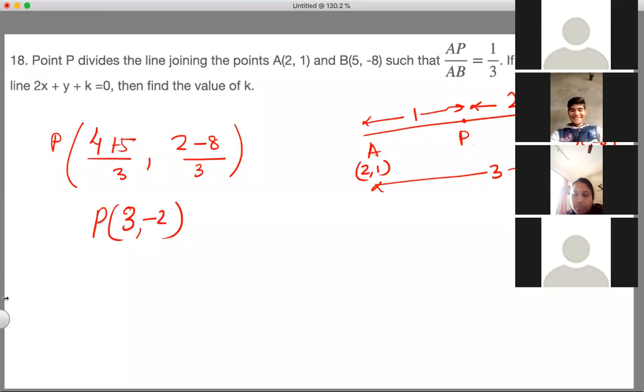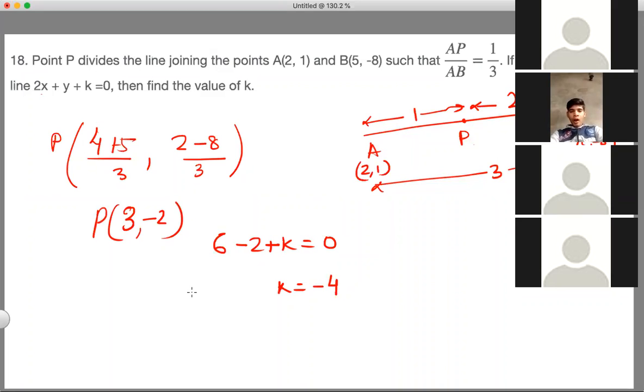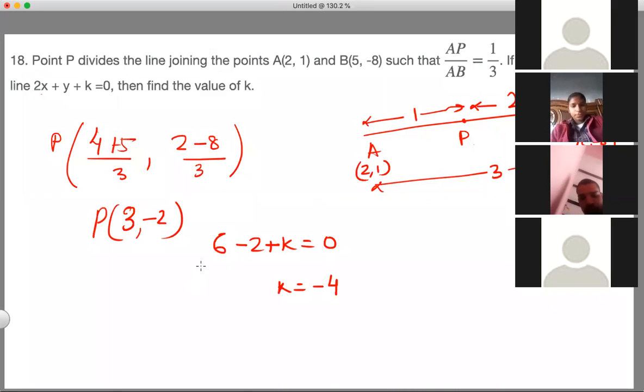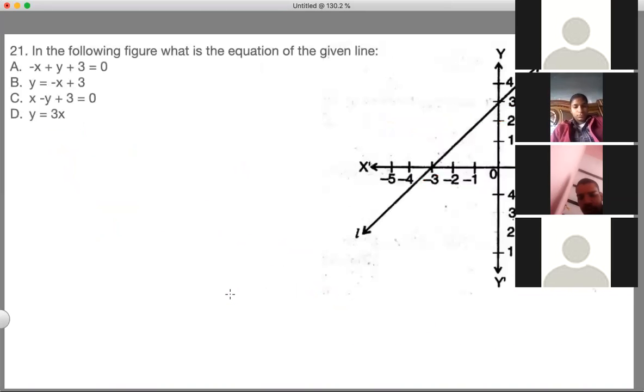So this is P. Let's just put it here. So 2 × 6 - 2 + K is equal to 0. So K is equal to... Okay, this is the answer. So this is a typical question. Most of the questions are framed like this.